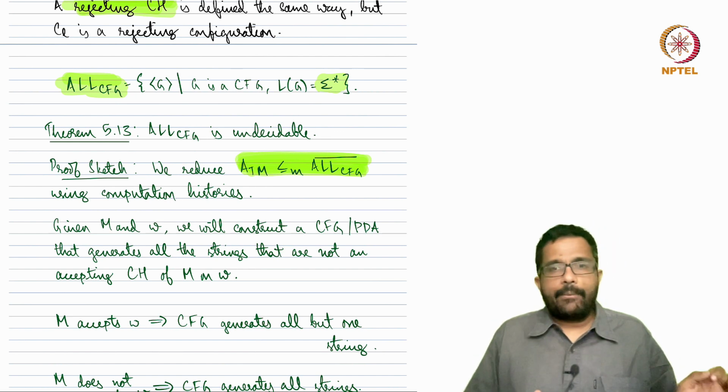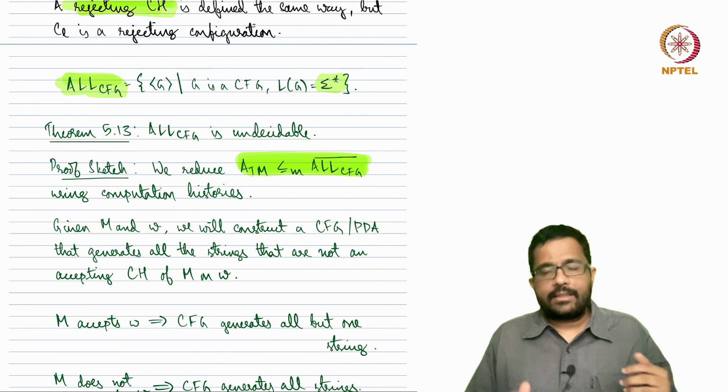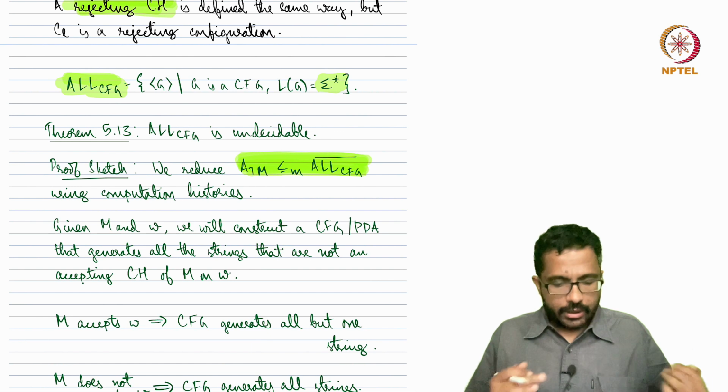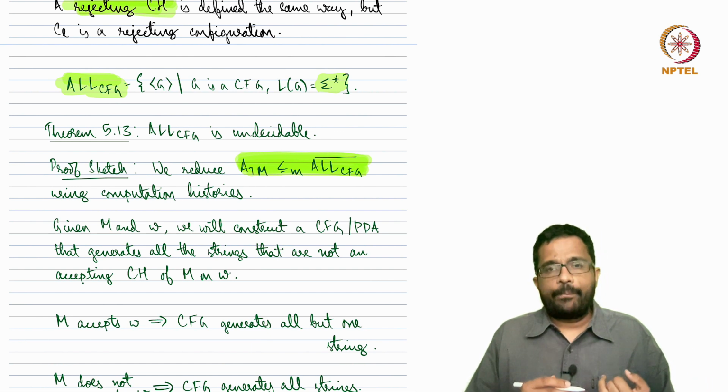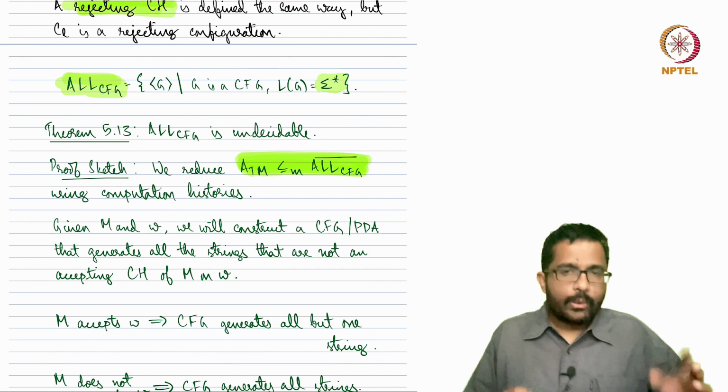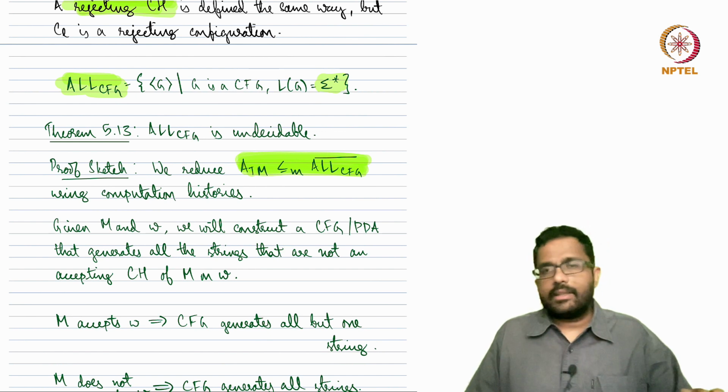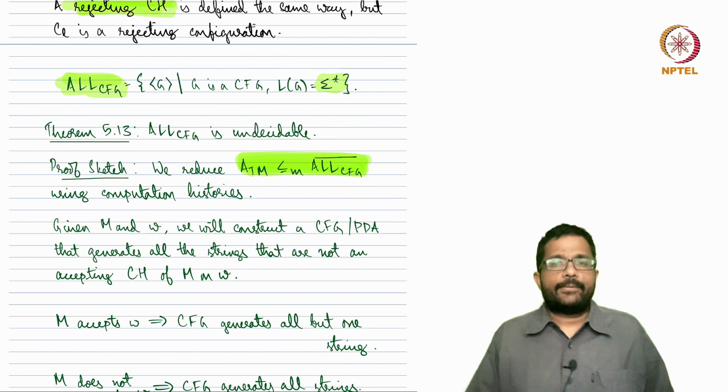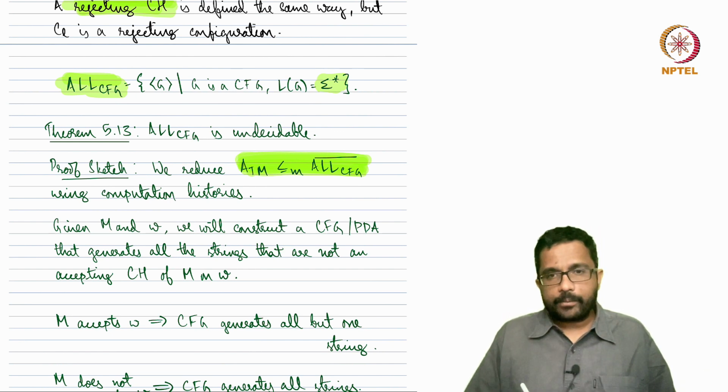So given M and W, the ATM instance, does M accept W? That's what we have to decide. What we will do is, given the ATM instance M and W, we will construct a context-free grammar, or equivalently a PDA. Context-free grammars and PDAs are equivalent; they both recognize the class of context-free languages.